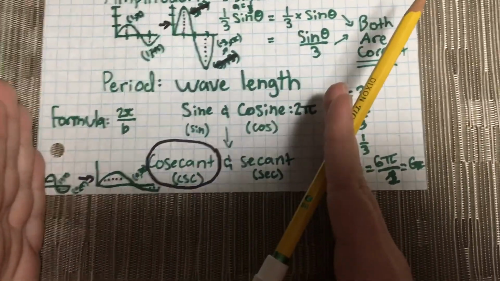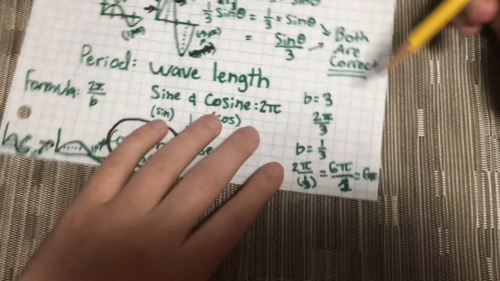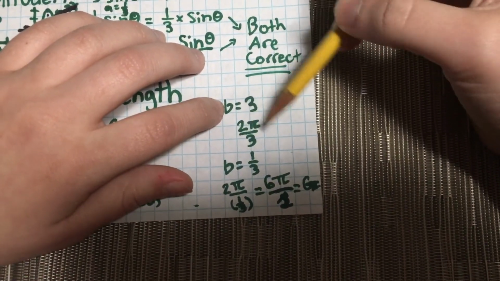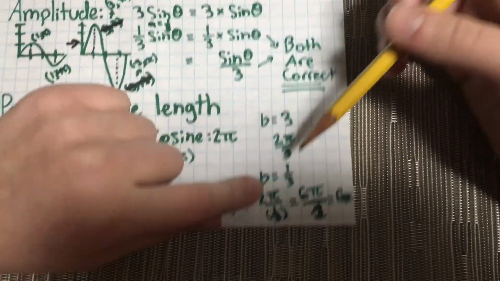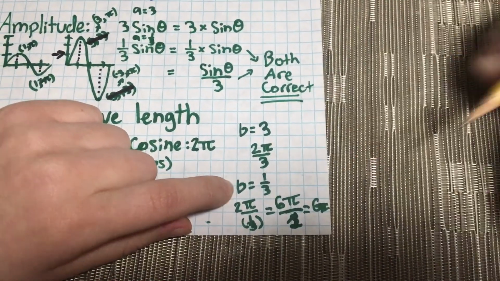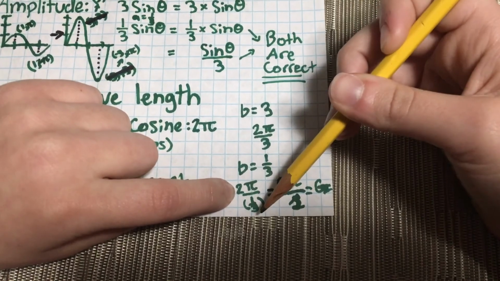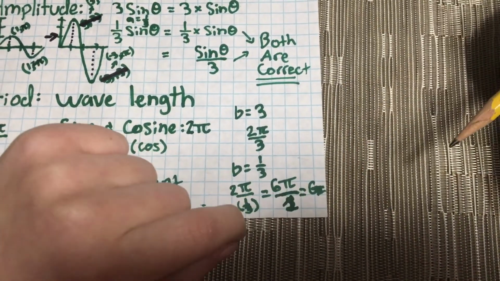So if we're multiplying that wavelength, it will get longer, or it may get shorter. It just depends. For example, if our b equals 3, that would be our period divided by 3. And if our b is 1/3, then it will be 2 pi over 1/3, which also translates to 6 pi.